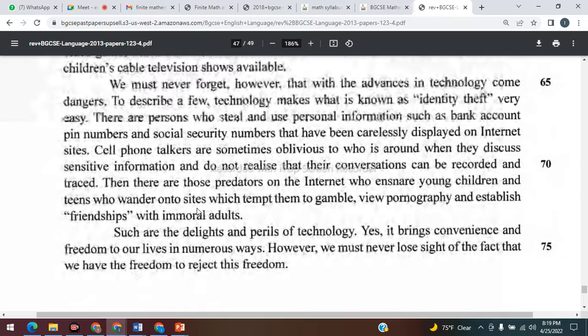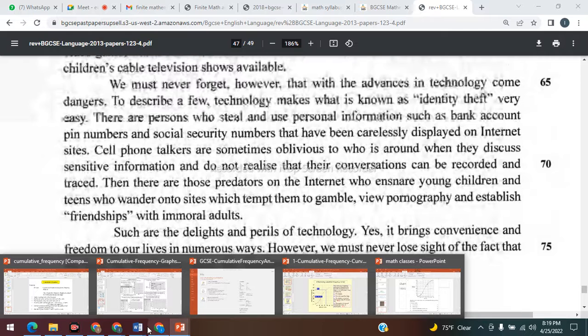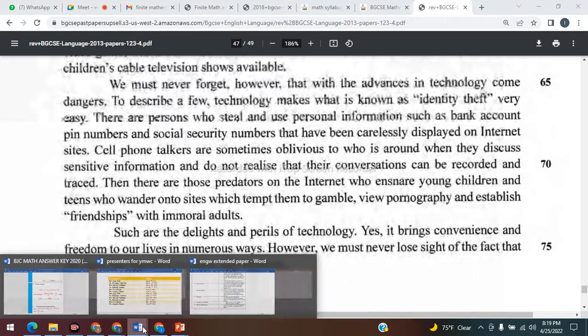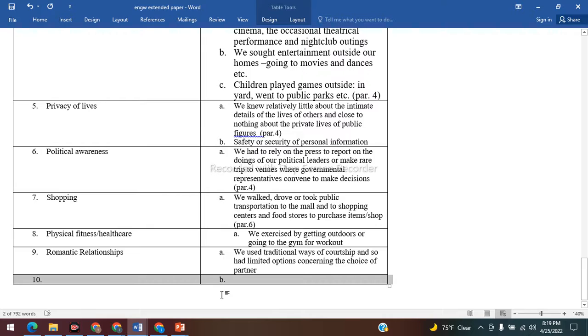Now, in terms of how they would grade this, first of all, they tell the examiners to estimate the number of words used. That's the word they use inside the answer key or the mark scheme: estimate the number of words used.